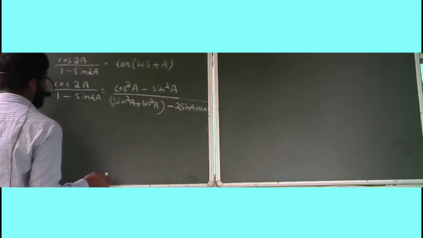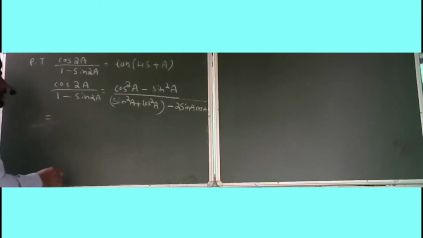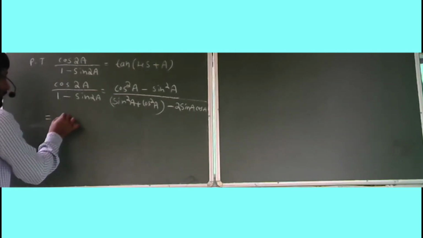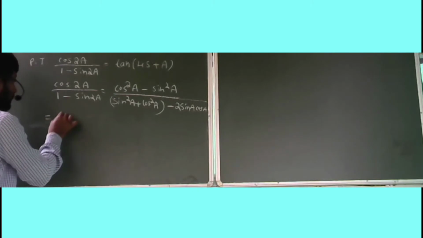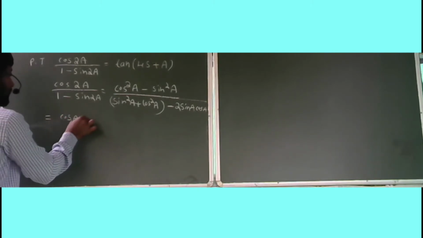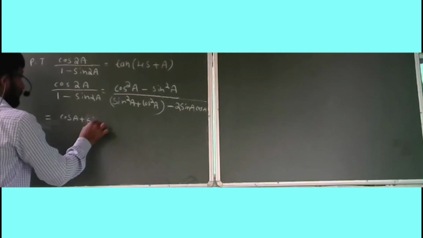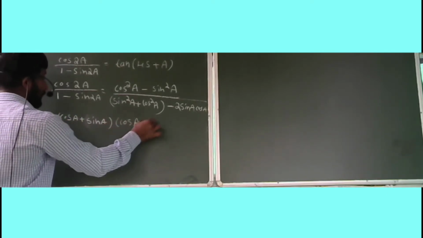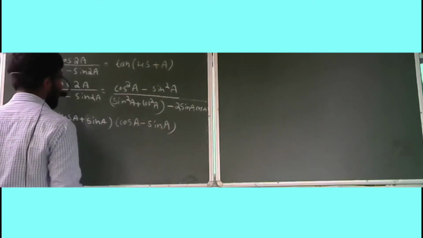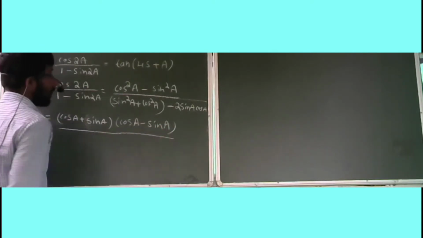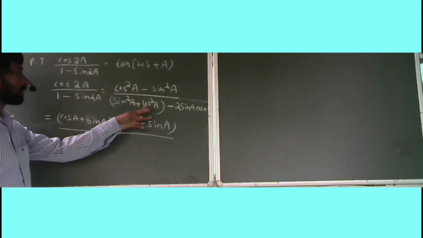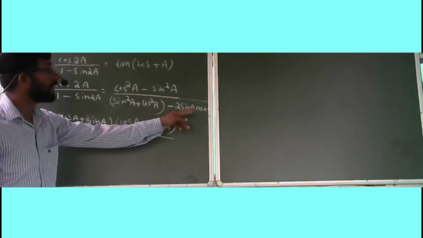Okay. In the next step, it's equal to, numerator is of the form a square minus b square. A square minus b square formula is a plus b into a minus b. So you will get cos a plus sin a into cos a minus sin a using the formula, divided by, observe the denominator, it's in the form a square plus b square minus 2ab.